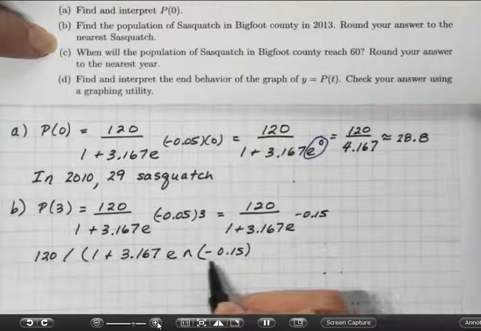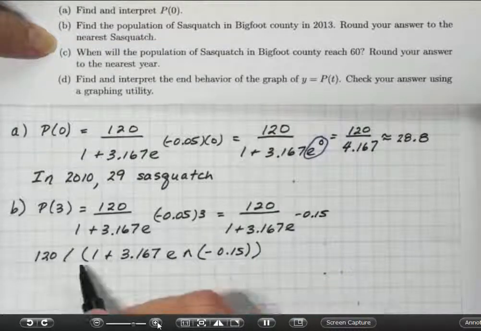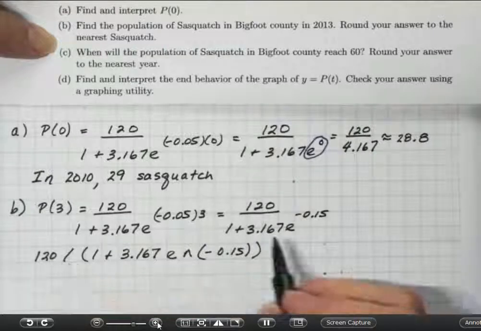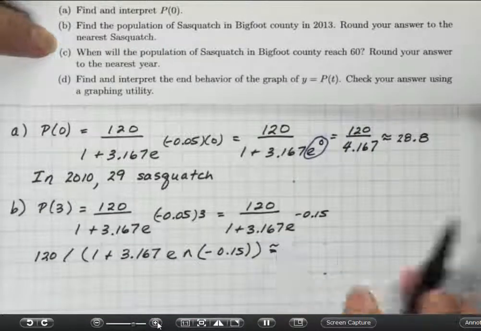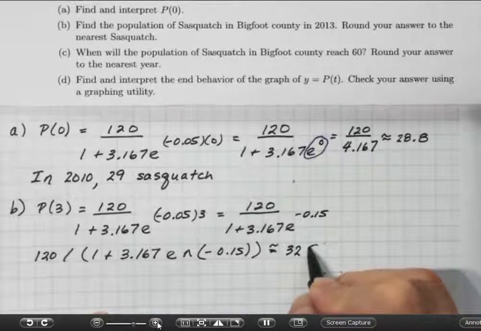Close the parenthesis on my exponent on my e, and then I need to close the parenthesis on my division of 120. Doing that gives me about 32 Sasquatch in 2013.